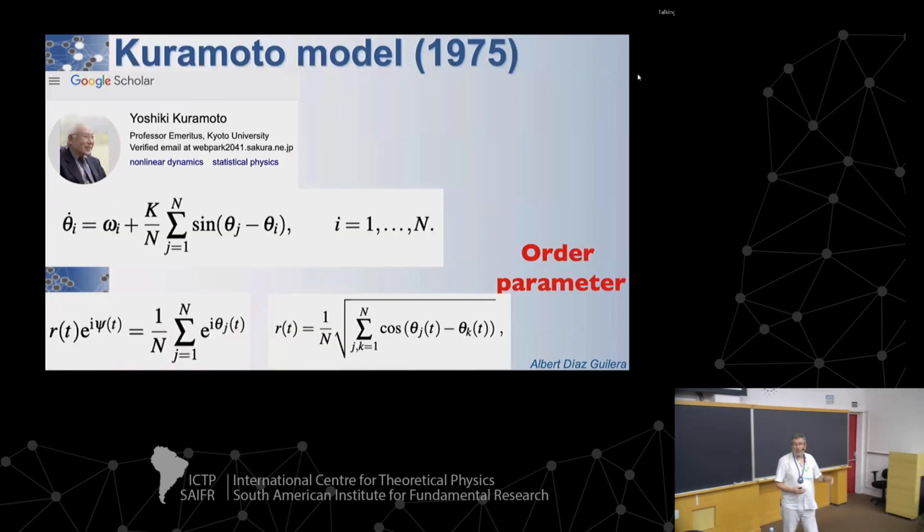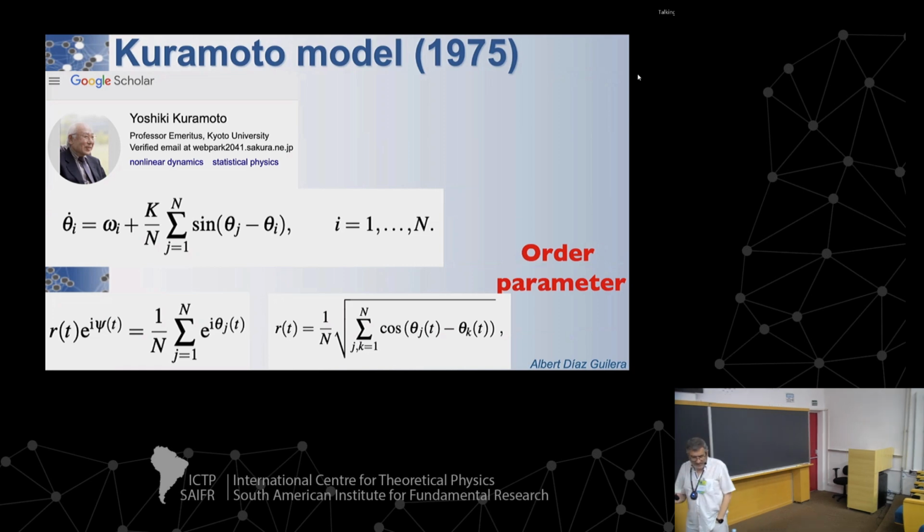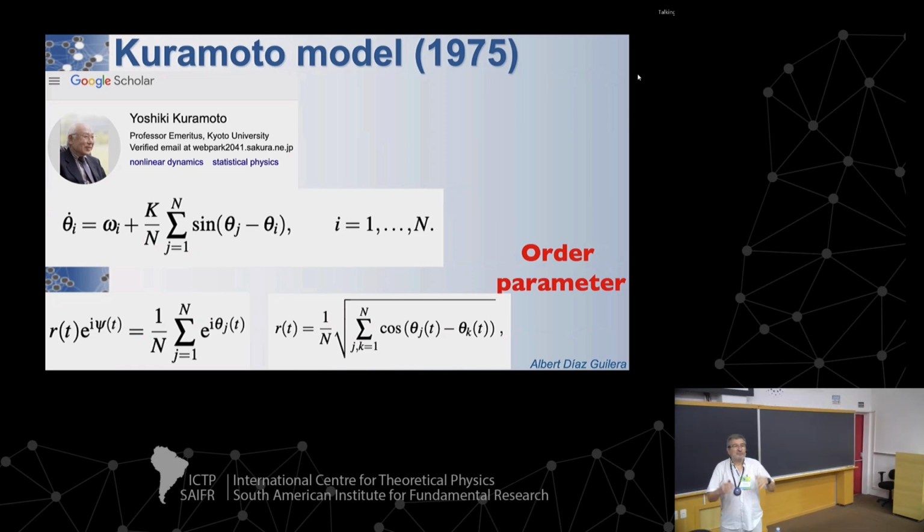the model was proposed by Yoshiki Kuramoto in 1975. So perhaps it will be a nice occasion for celebrating the 50th anniversary of this model. And so this is the idea. The idea is very simple: you have a system which is described by a phase.